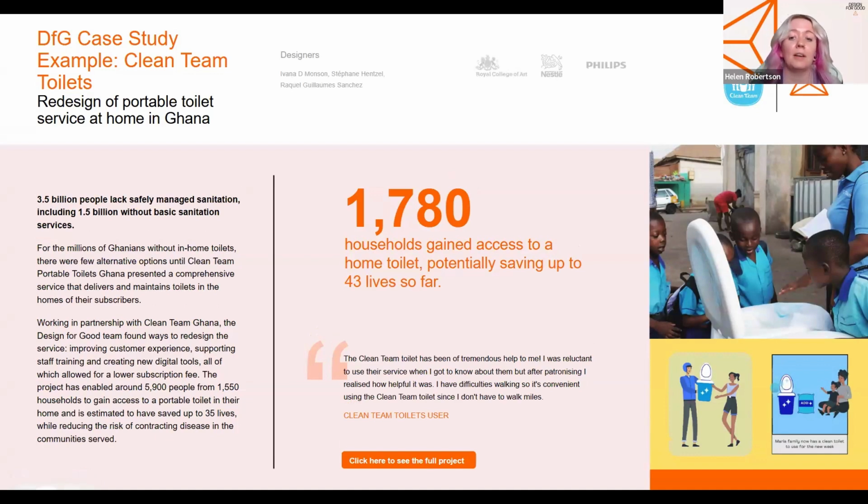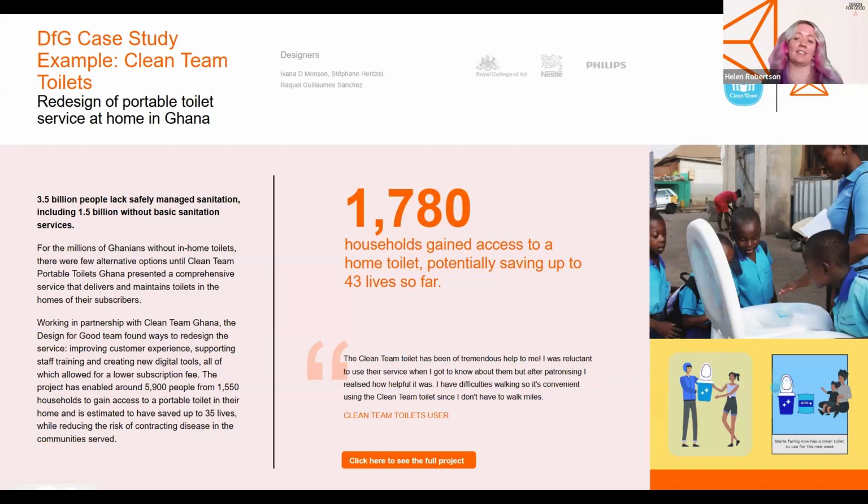The Design for Good team partnered with Clean Team Toilets Ghana to improve and redesign their service. They enhanced the customer experience, supported staff training, developed new digital tools, and designed a new one-time pickup solution, lowering subscription fees, giving staff more time off, and allowing Clean Team to expand into new areas, resulting in 1780 households having access to a toilet where they previously did not.